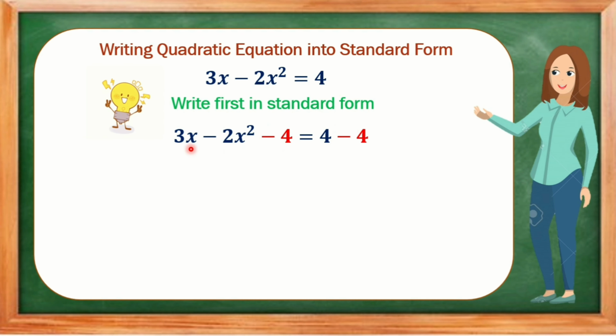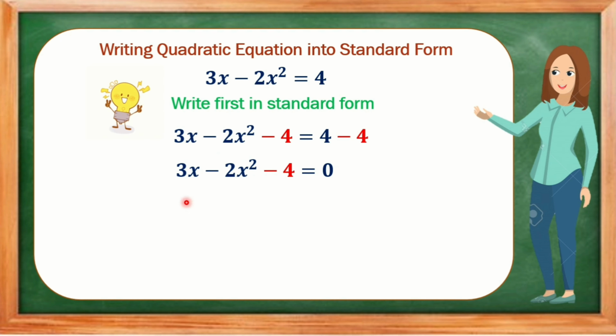So, we have 3x minus 2x squared minus 4 is equals to 4 minus 4. Then, simplify natin. So, we have 3x minus 2x squared minus 4 and then 4 minus 4 is equals to 0. Okay, so yun ang goal natin. Maging 0 ang nasa kabilang side ng equation natin. Ang sunod, aayusin na lang natin ang mga term dito sa kabilang side ng equation.